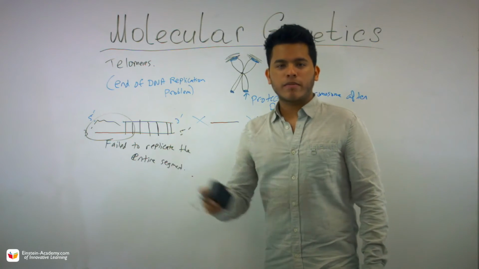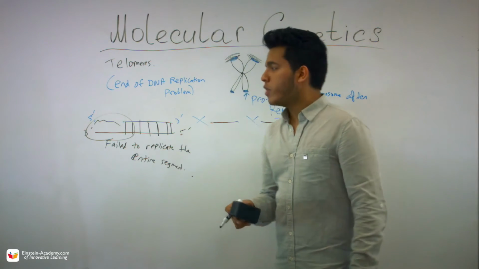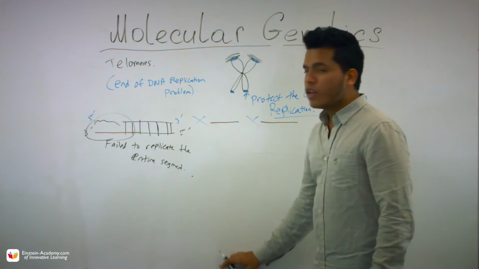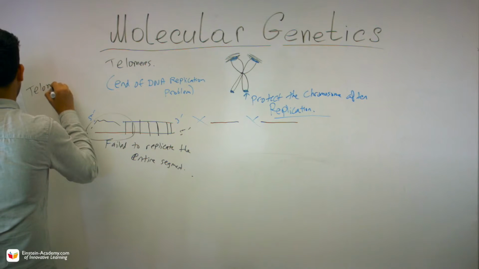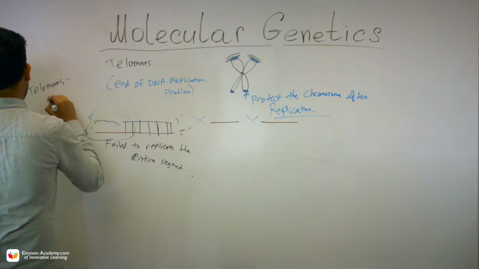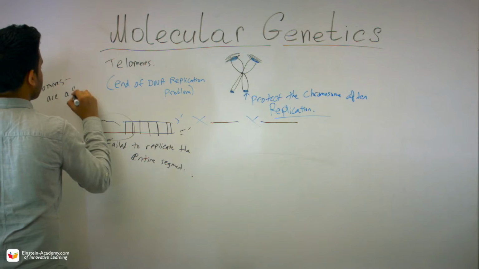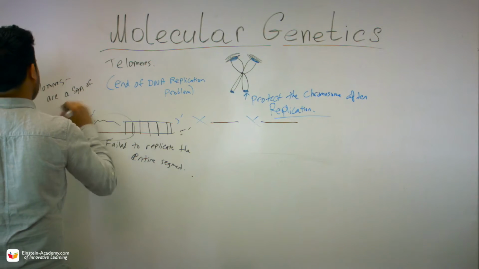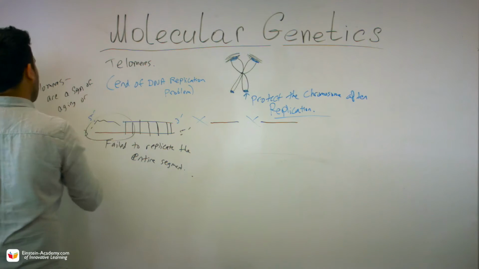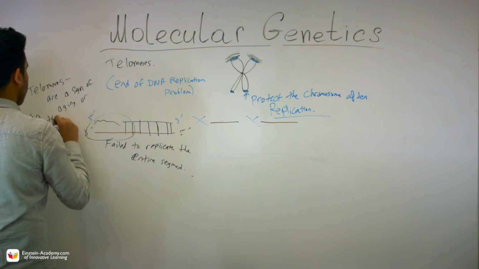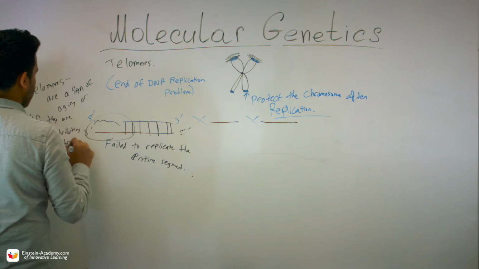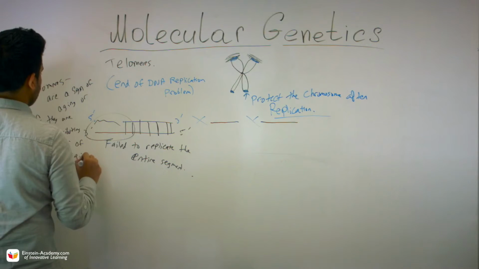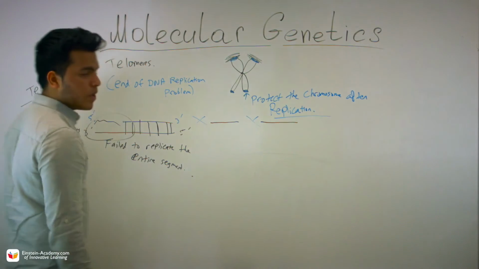It's a good hypothetical reasoning, but we don't have enough scientific data to prove whether telomeres are a sign of aging or if they are a contributing factor of aging. We don't know if they're a sign of aging.